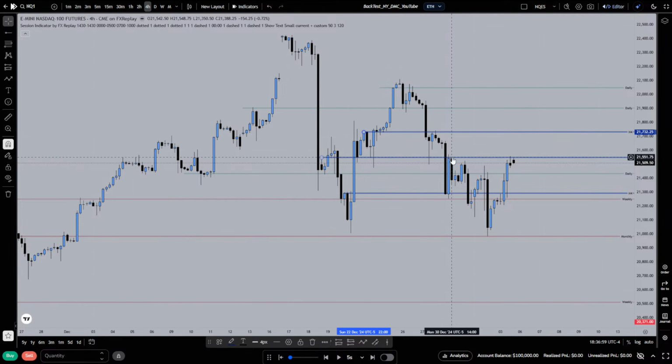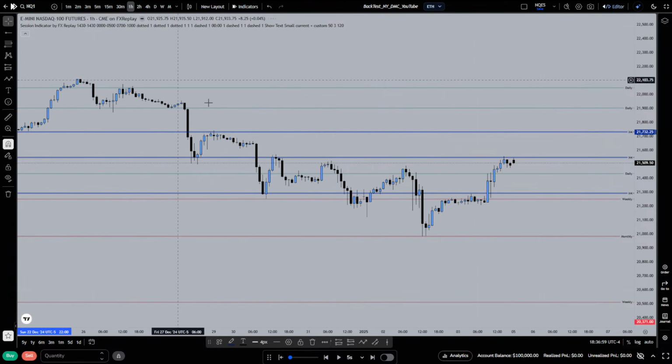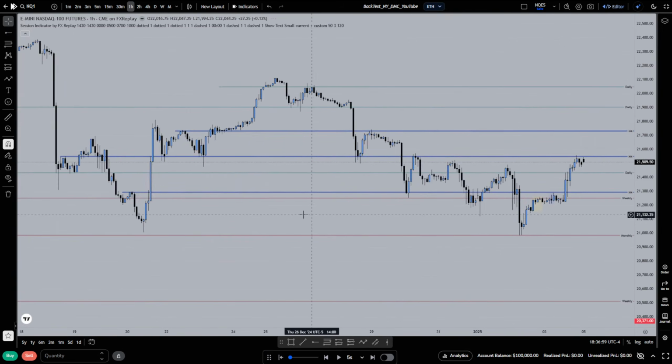Now with this guy hitting the level, we get a swing failure here, which means we're getting dragged down lower than this level. This level has been tested. So there's probably some lower time frame level, maybe in 1 hour, somewhere here.